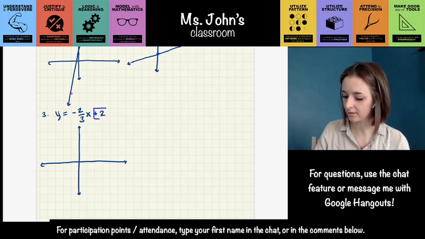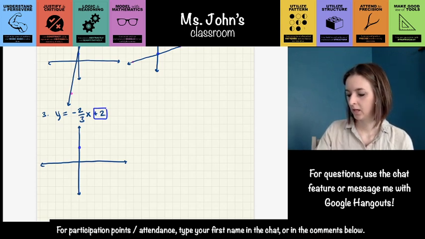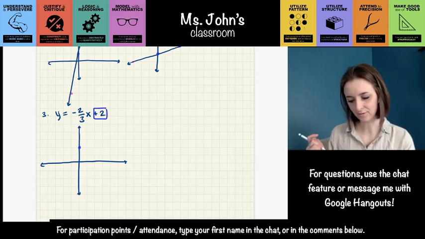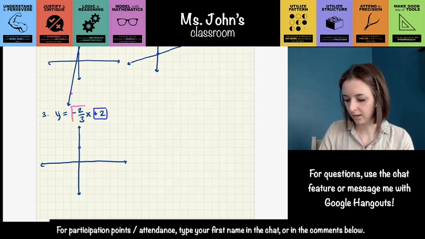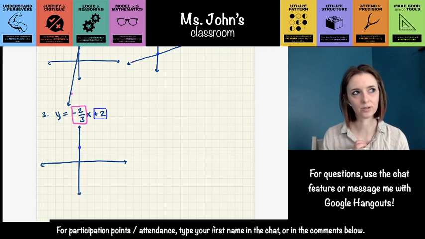So on this one, we're starting at +2. My line is kind of ugly, but that's okay. And then a negative slope, this is -2/3. It means that we go down 2 over 3, down 2 over 3.